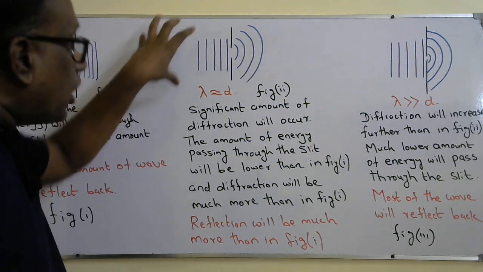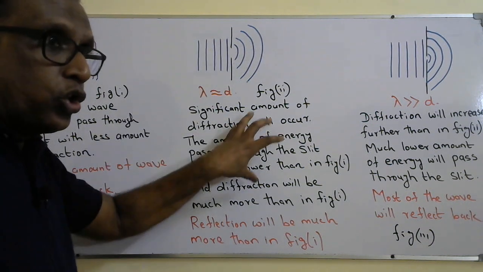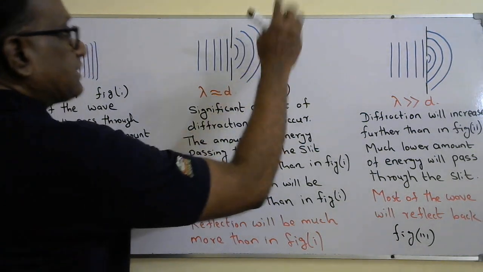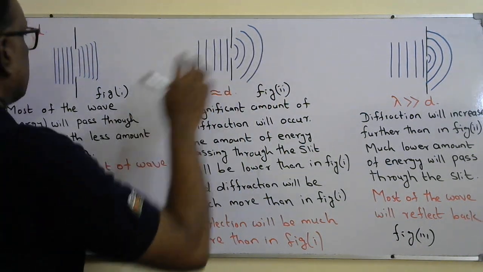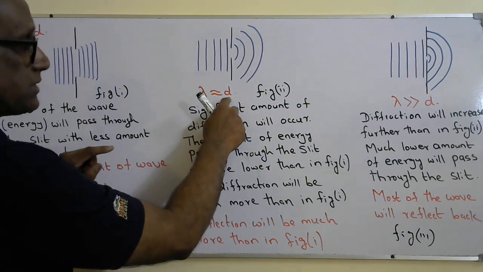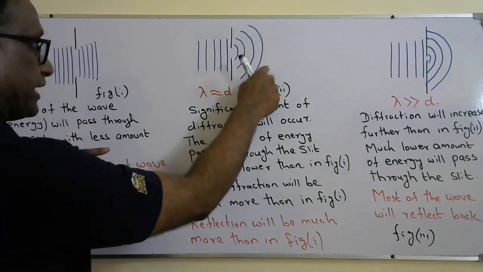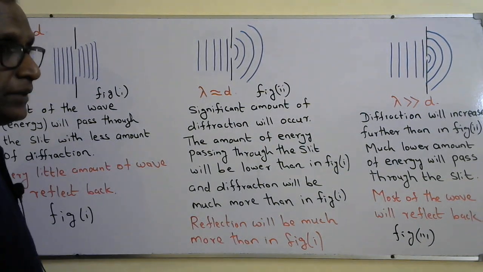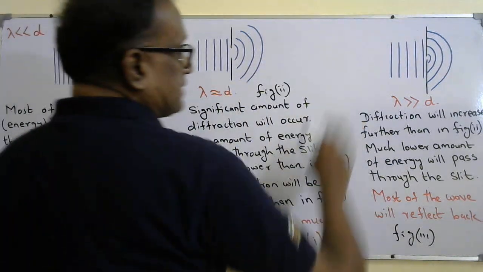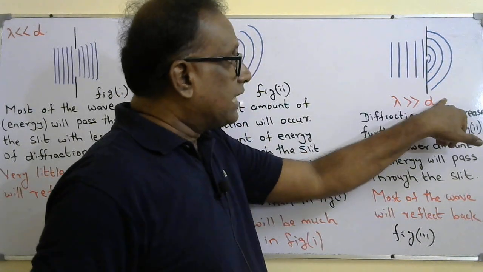So here the amount of reflection will be more compared to here. Here there is more diffraction. When the wavelength is almost equal to the size of the slit, there is more diffraction and less energy passed compared to the first diagram.